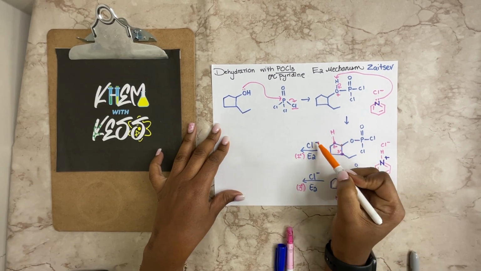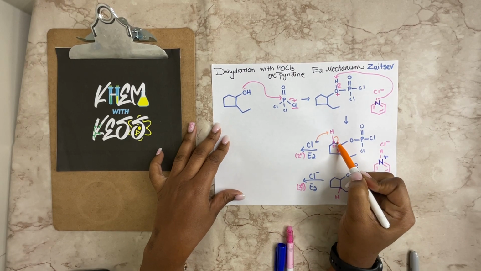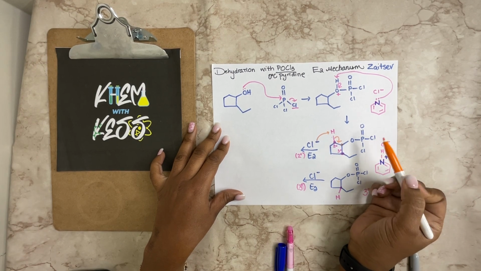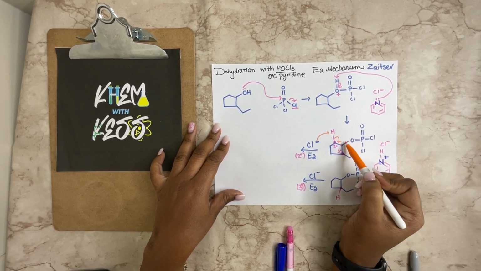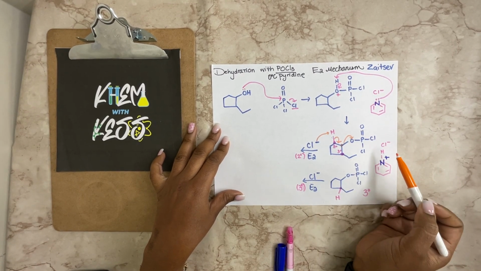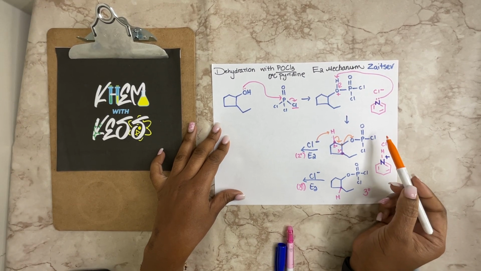So in this case, it would grab the hydrogen, make the double bond. Now when it makes the double bond, that's when this portion is kicked out. And this one's a little bit more prominent.